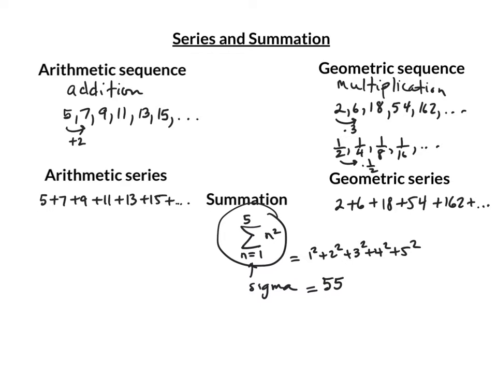Now, an arithmetic series, if I keep adding infinitely, will go to positive infinity, or negative infinity if I was adding a negative. A geometric series is said to either converge on a number, which means it approaches some number, and if I do it enough times, theoretically I would actually get to that number.